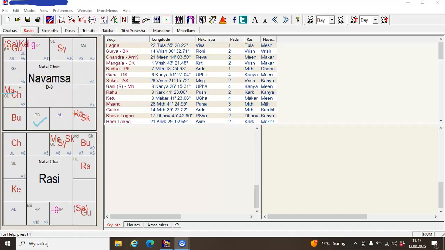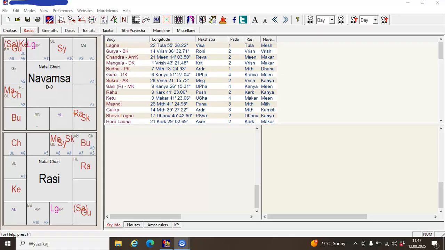Okay, so counting in an indirect order, it will give us 11 years, no deductions, as in Chara Dasha. You do not take into consideration Ketu here as in Chara Dasha. Simple. So the length of Vrishchika Mahadasha will be 11 years.